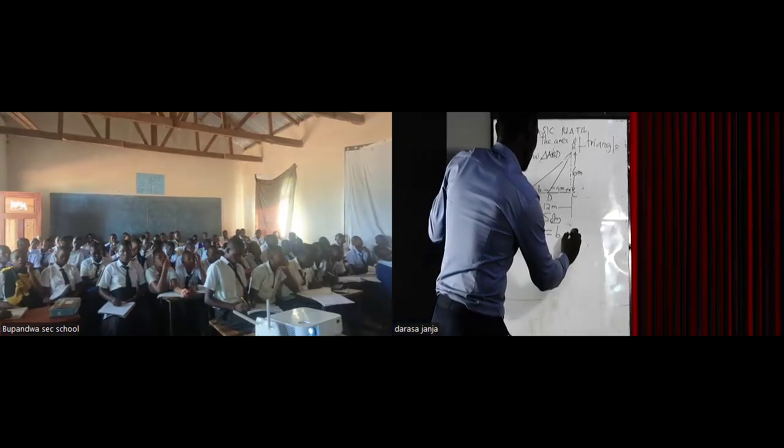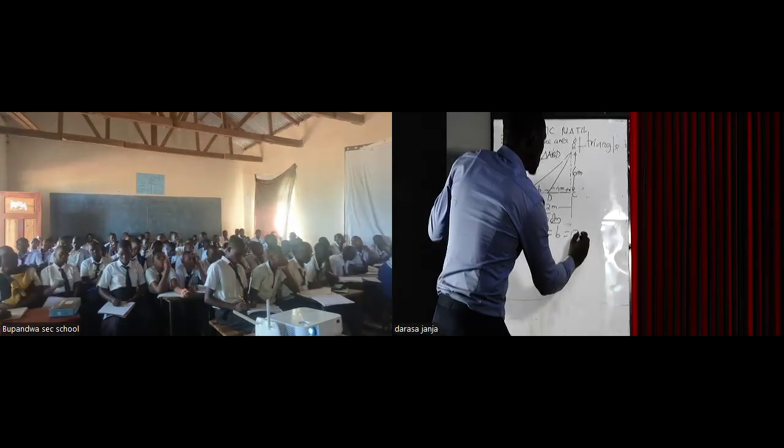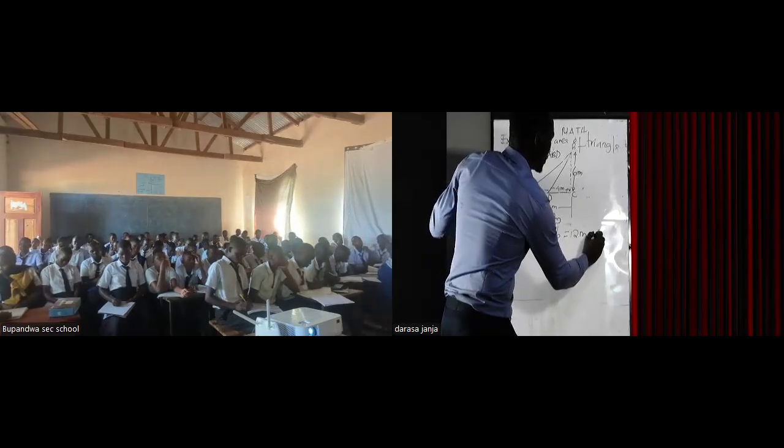So to get this B here, we are taking 12 meter and subtracting 4 meter, because the distance B is the distance between A and B. They have given you A up to C, which is 12, and B up to C, which is 4. So to get the value of B, we take 12 minus 4, which is equal to 8 meter. This is your base.